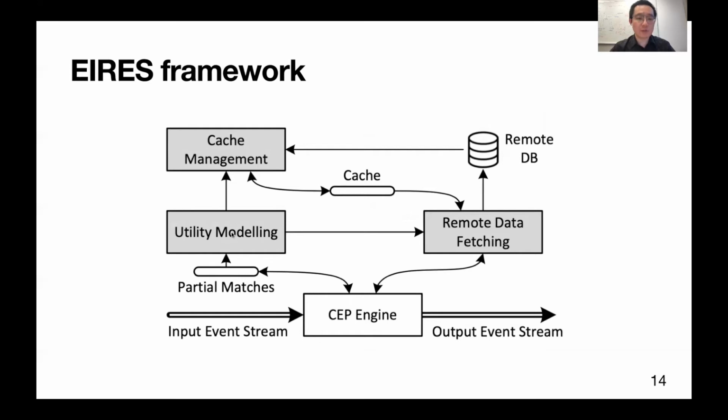The utility modeling provides a cost model based on partial matches. And this cost model is used to guide remote data fetching and cache management. That is, the EIRES framework always fetches the data with the highest utility. And when the cache is full, EIRES always evicts the remote data item with the lowest utility.